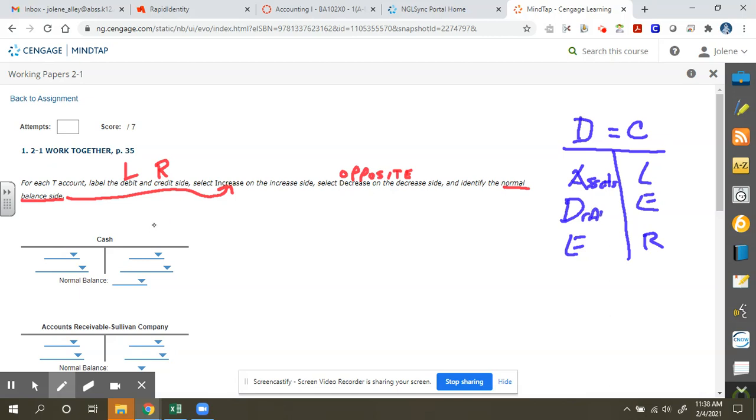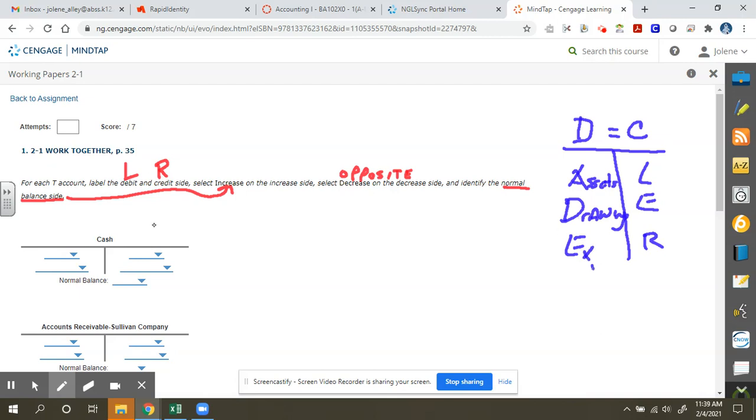D is for drawing. That's when the owner takes money out of their business to use it for their personal life. That's not illegal because the owner owns all of it.